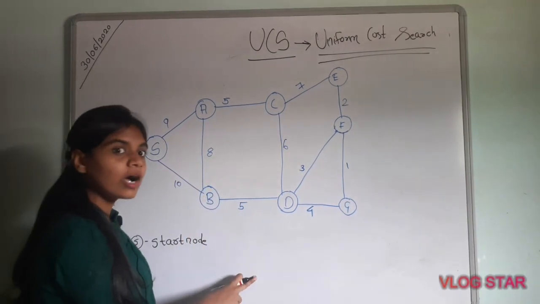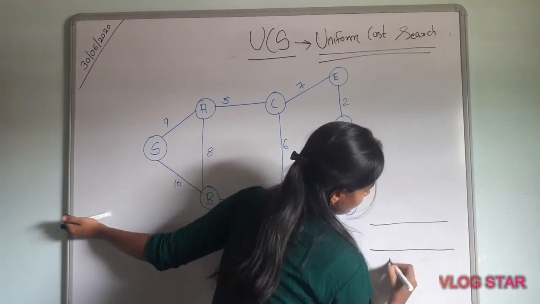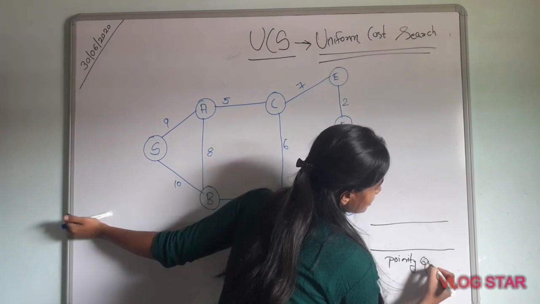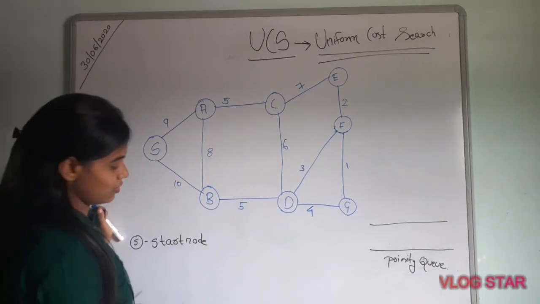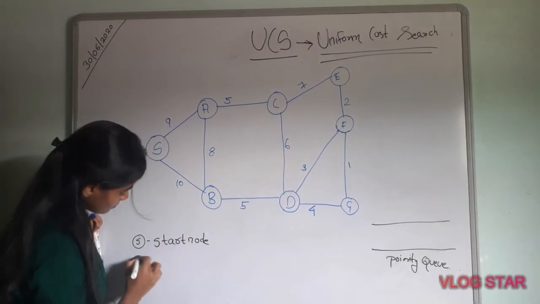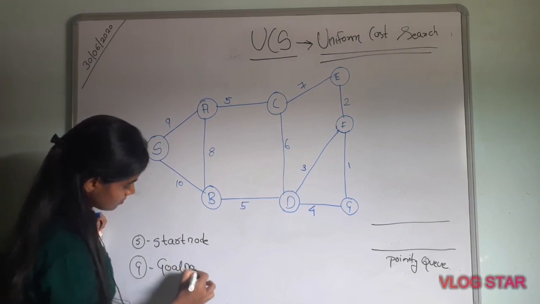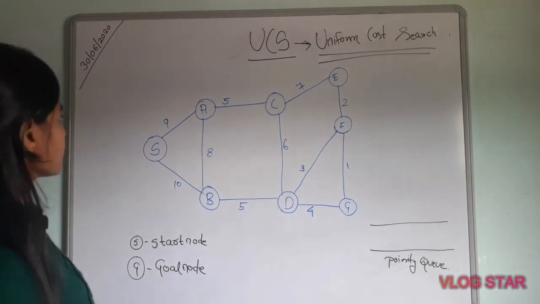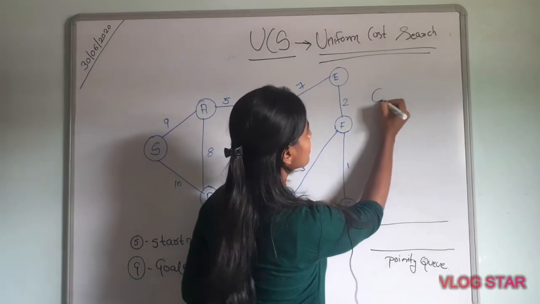But with the help of what? With the help of a priority queue. Priority queue means they give priority to the cheapest path, the lowest cost. Okay, so S is the start node and G is the goal node, and I will put identifiers so that you can understand.